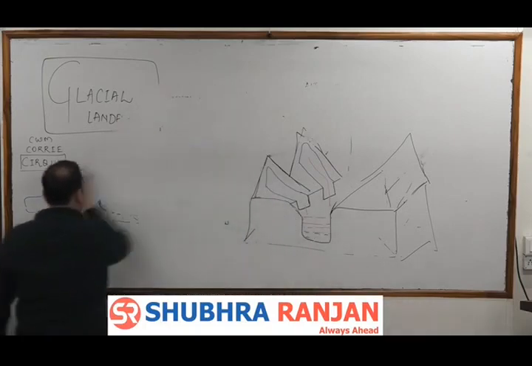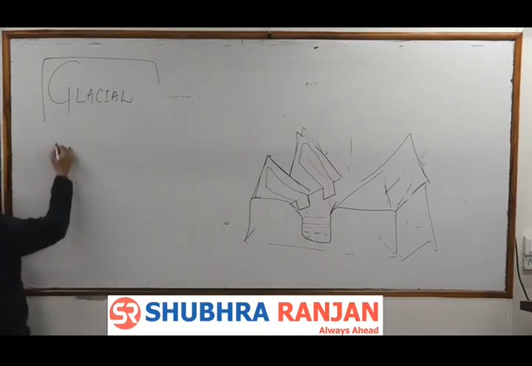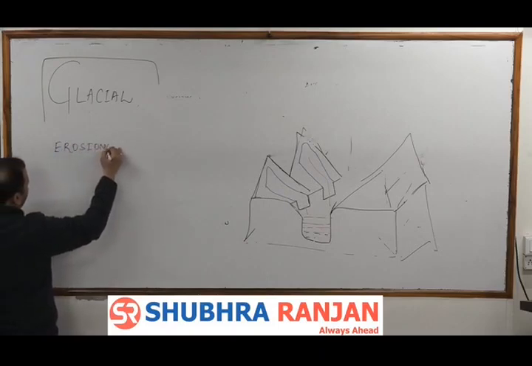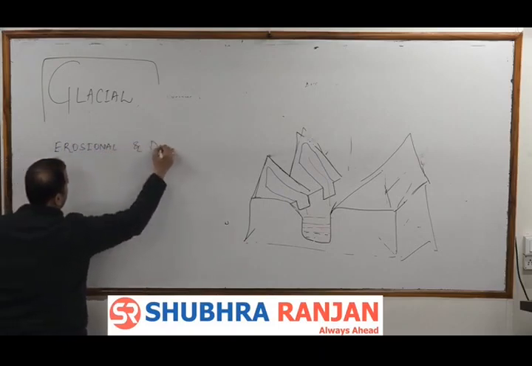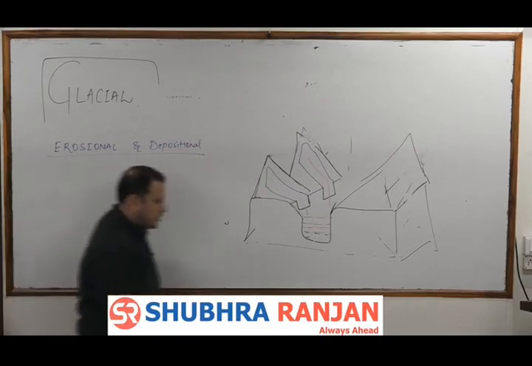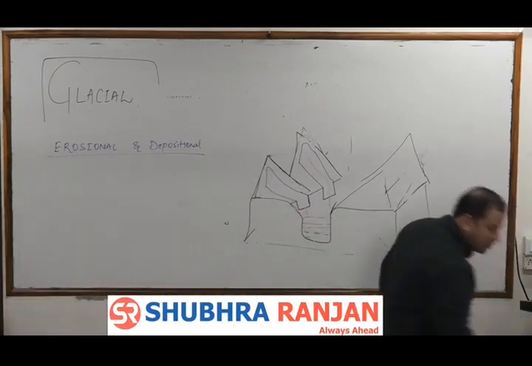There are two important landforms which are both erosional and depositional. Both erosional and depositional means they show the characteristics of both the erosional landforms and the depositional landforms.